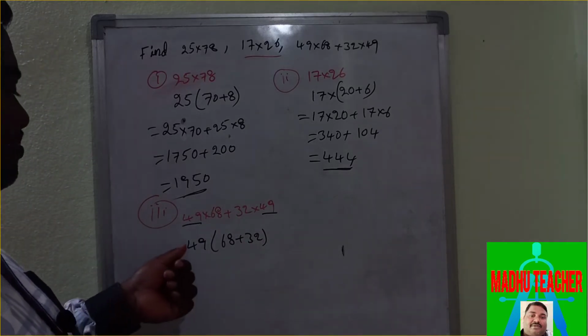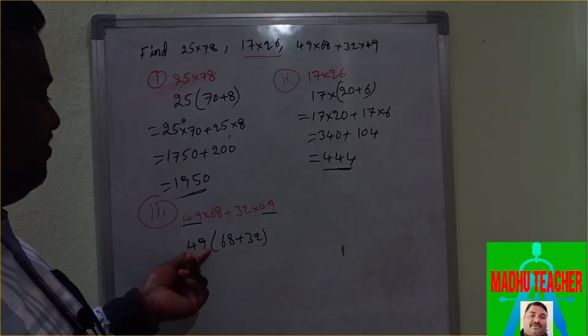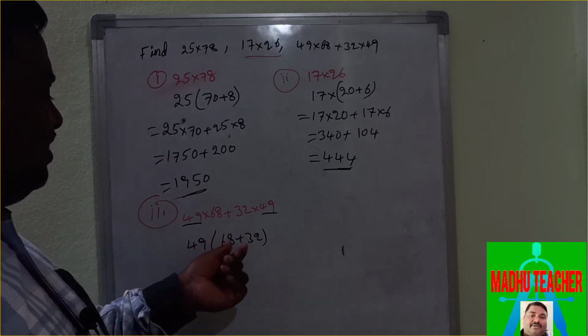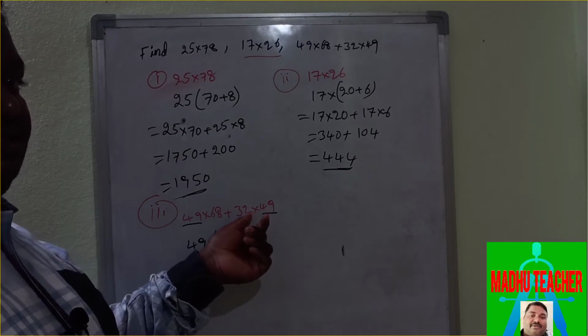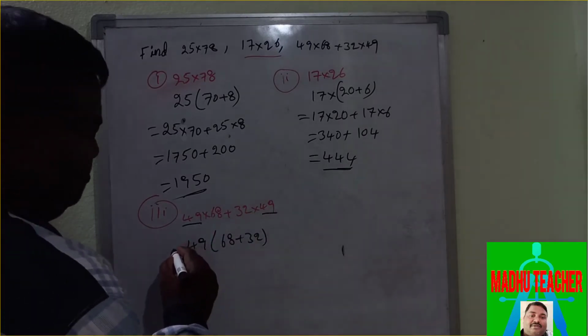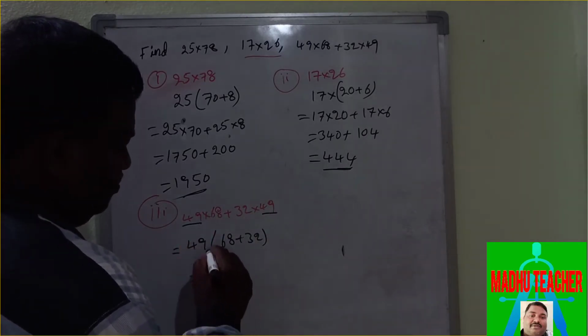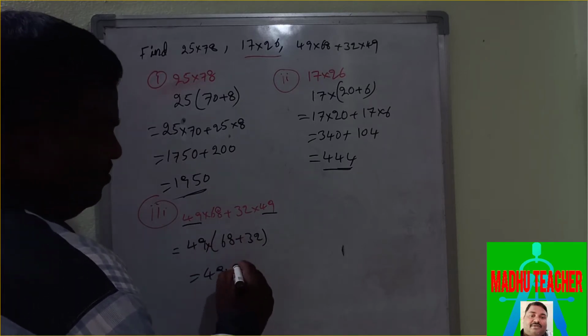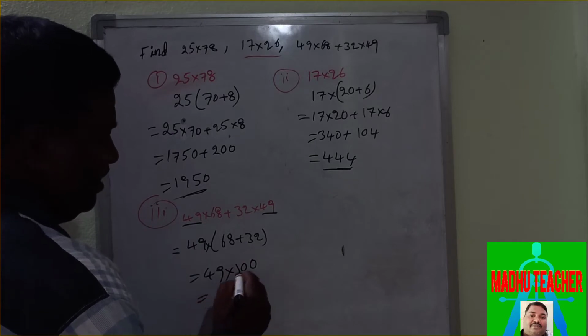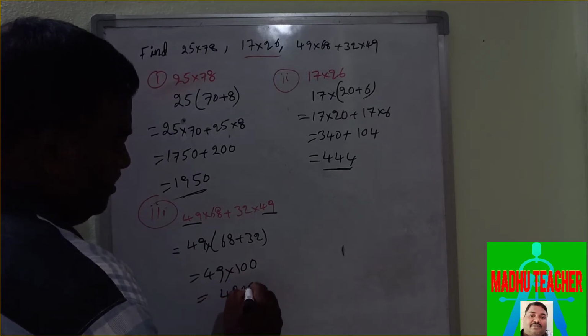So distribution of multiplication over addition: 49 into 68 plus 49 into 32 we can write. So that equals 49 into 68 plus 32, 100. 49 into 100, 4900.